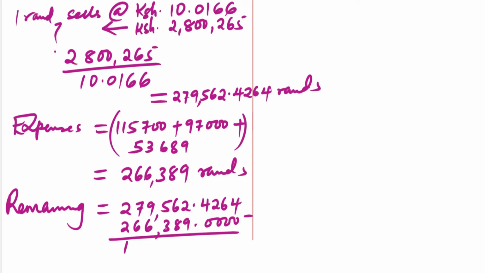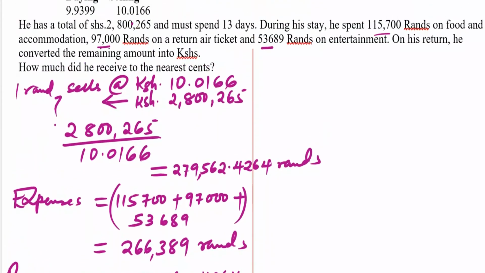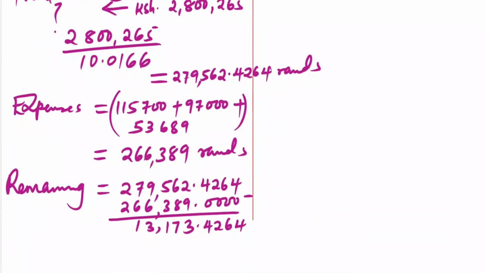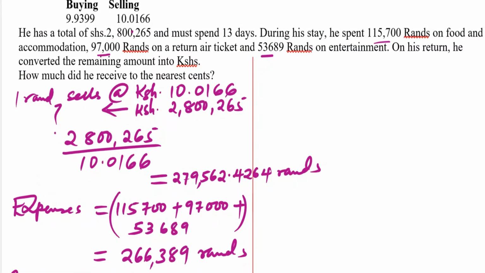So subtracting, you get 13,173.4264. So this is the balance. So this is the remaining amount that he converted back to Kenyan shillings.